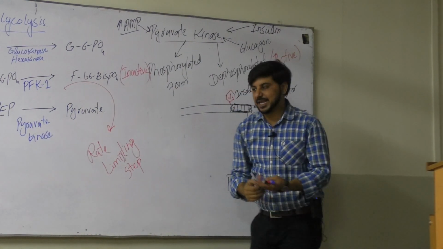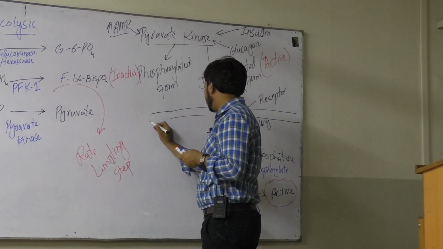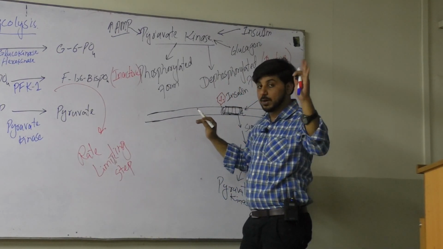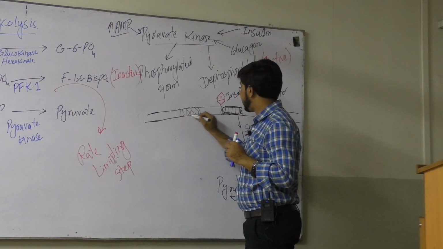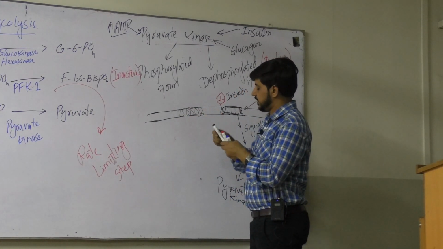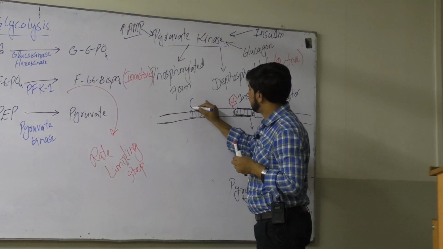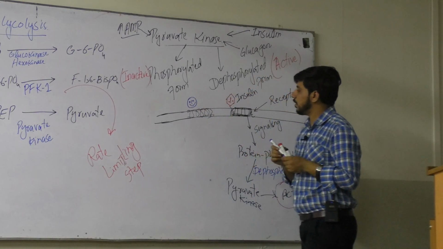And in the second case, whenever the hormone is glucagon, not the receptor. Again, this is the receptor, and here is the hormone. Suppose this is the glucagon hormone.